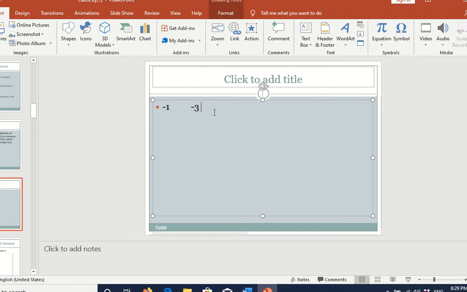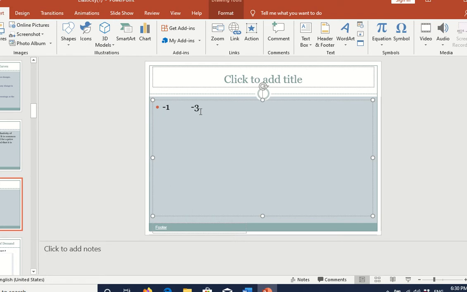However, when you think about elasticity in our jargon, in our terms, which one is larger? Which one has larger price elasticity of demand? Which one is more elastic? This one. -3 is more elastic, has larger price elasticity of demand.